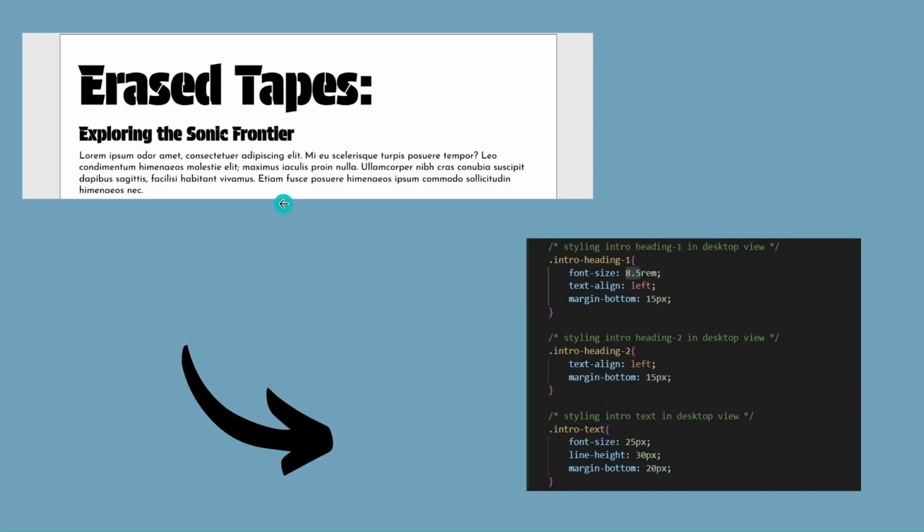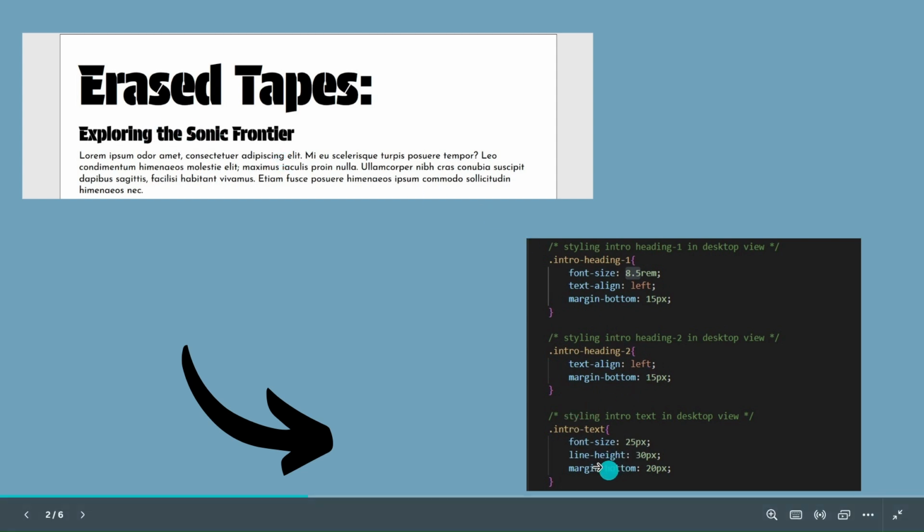Then for the Erase Tabs heading, it was given in the specification that the main heading should be much larger than the original heading. So to make this heading larger, I have used font size 8.5 rem, and I have aligned it on the left side. For the other heading, the specification was that it should be 3 times larger. To make it 3 times larger, I have used 25 pixel rem.